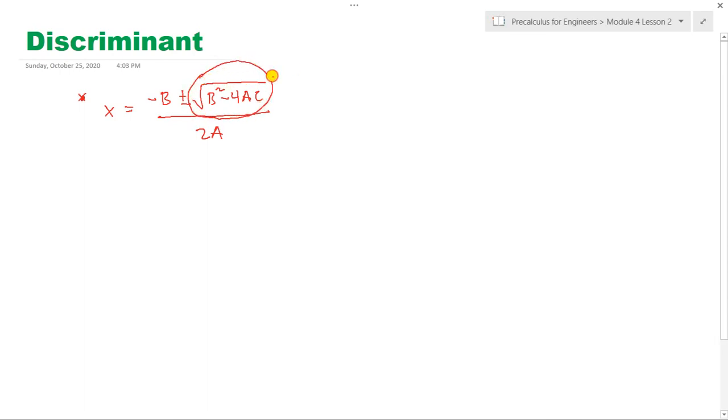This is the critical part in order to tell whether our answer is a real number or an imaginary number or a combination, a complex number. We can tell from this square root, because when the expression inside the square root is negative, there is a higher possibility that it is an imaginary number or a complex number.